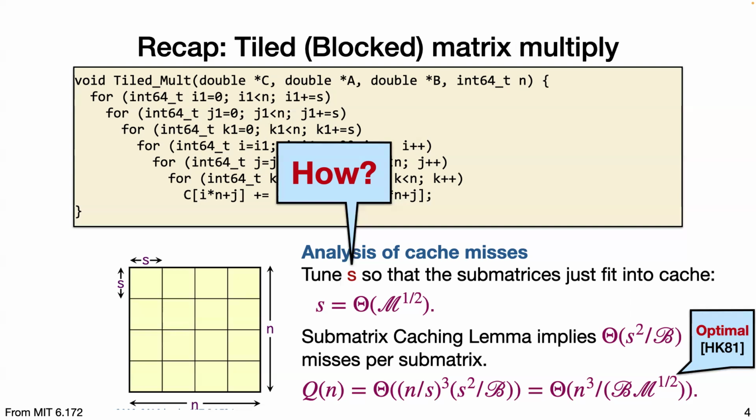So the analysis is the number of subproblems times the cache misses per subproblem that you incur. The number of subproblems is theta of n over s, quantity cubed, because there are n over s side lengths. And this is the misses per subproblem. And you get this in the end: n cubed divided by B root M. And that is optimal in the theoretical sense.